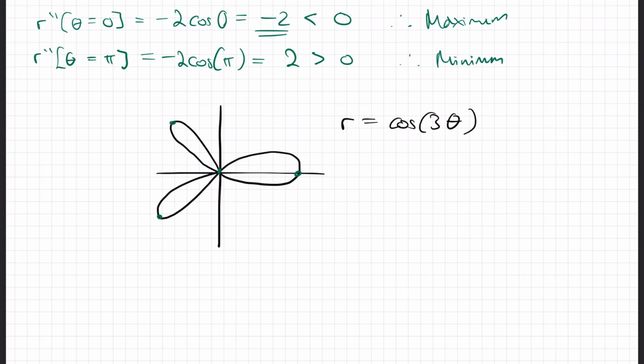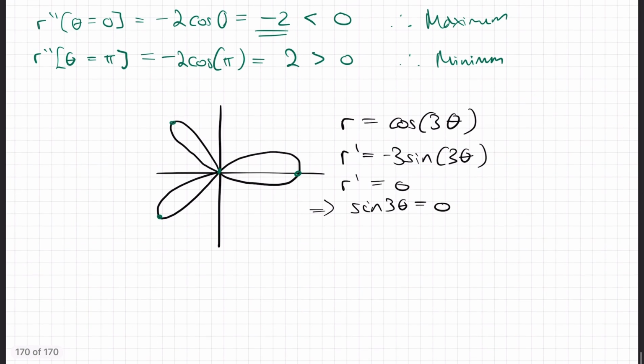so 4 in total. And we can find these using the same technique, so minus 3 sine 3 theta, solve for when r dash equals 0, so we get sine of 3 theta equals 0.